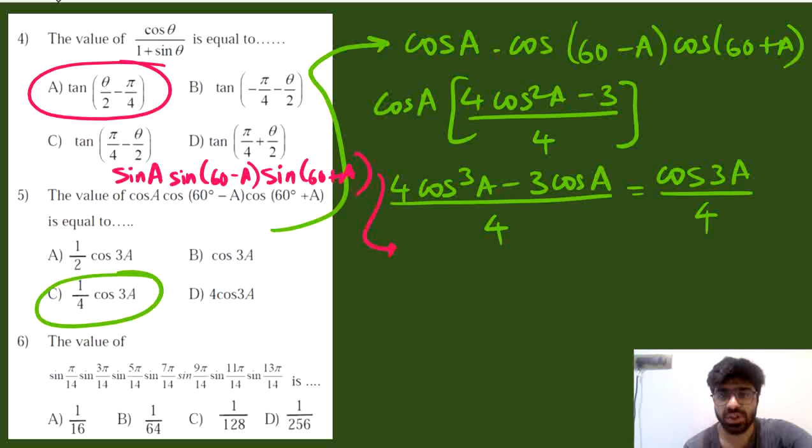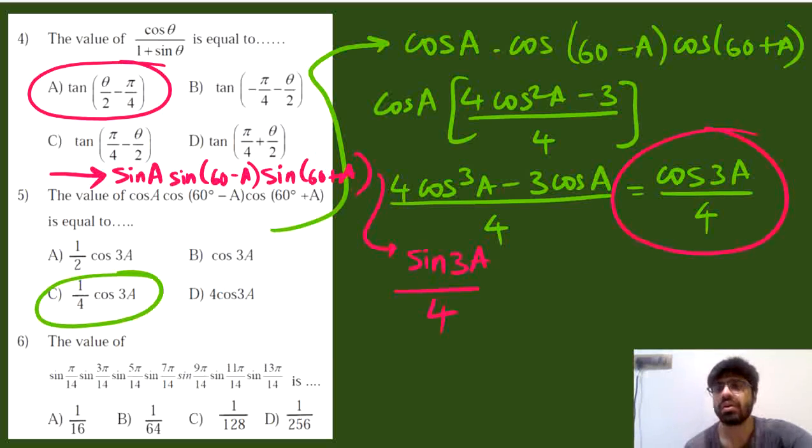That expression has the value of sin 3A divided by 4. So if the expression contains sin A, sin(60 minus A), sin(60 plus A), the product is sin 3A divided by 4, and the same result with cos gives you cos 3A divided by 4.